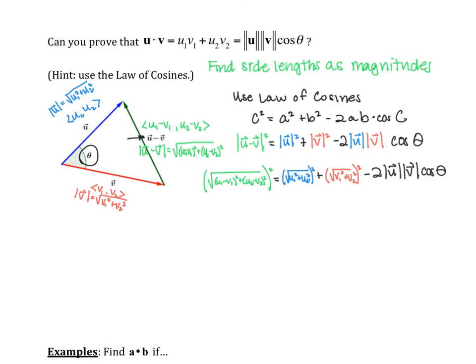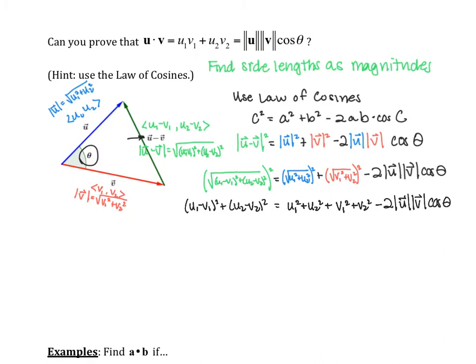So simplifying this first one, I get u1 minus v1 squared plus u2 minus v2 squared equals u1 squared plus u2 squared plus v1 squared plus v2 squared minus 2 times the magnitude of u, magnitude of v, cosine of theta.